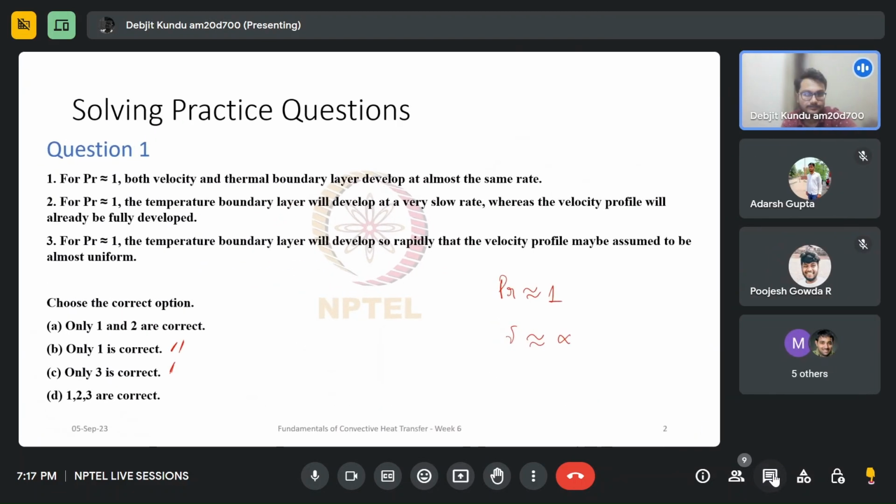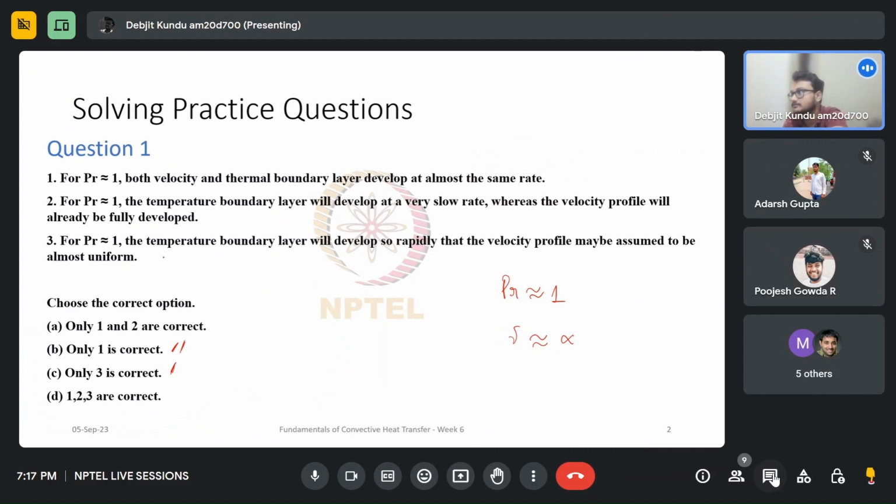We have another response in favor of option B. Okay, so let's have a look at the solution. The solution is option B, only one is correct because, see, Prandtl number being comparable to 1 means that delta by delta t is a function of the Prandtl number, right?